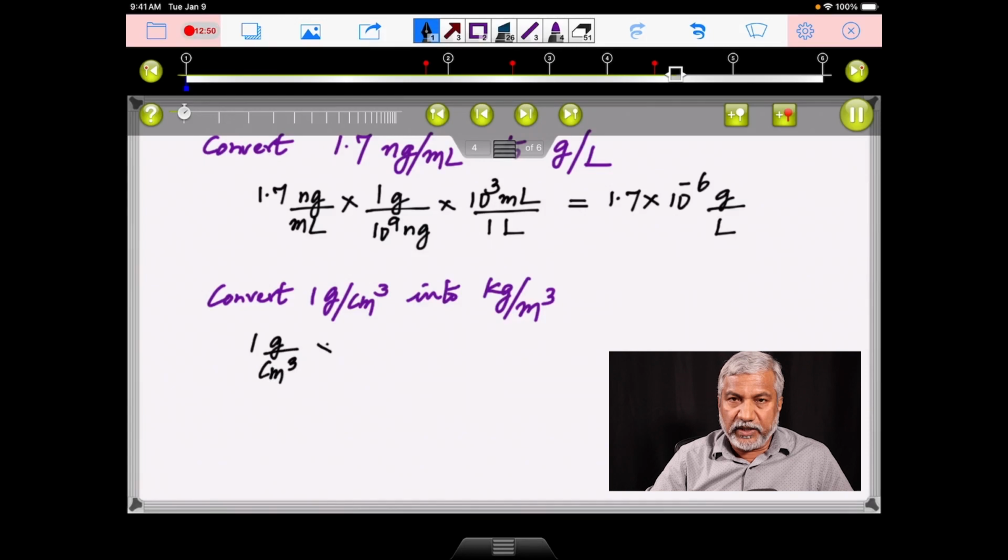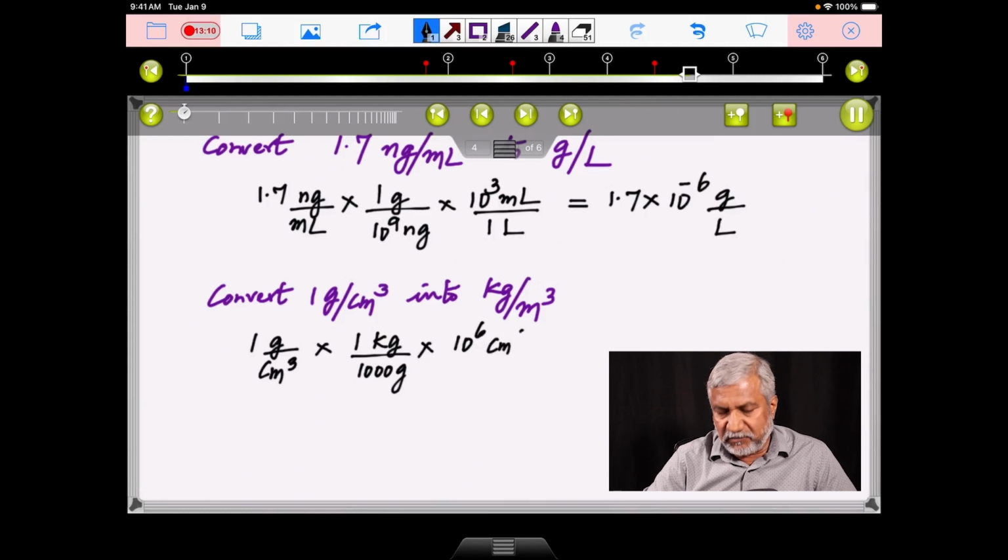First, we know that a kilogram is 1,000 grams. So 1 kilogram by 10 to the power 3 or 1,000 grams. And then what did we see? 1 meter cube is 10 to the power 6 centimeter cube. And now when the units cancel out, we see those two are gone.